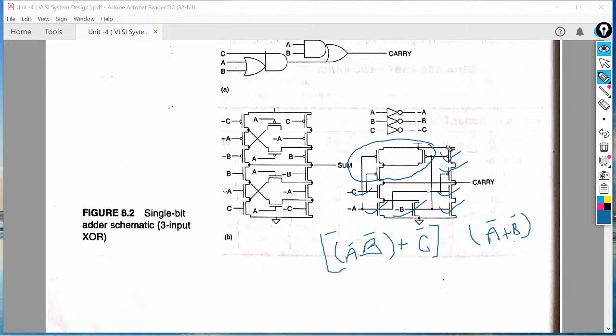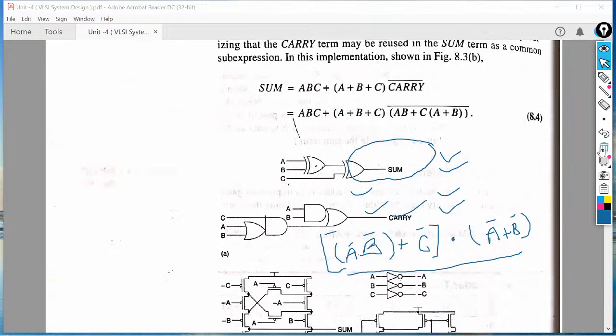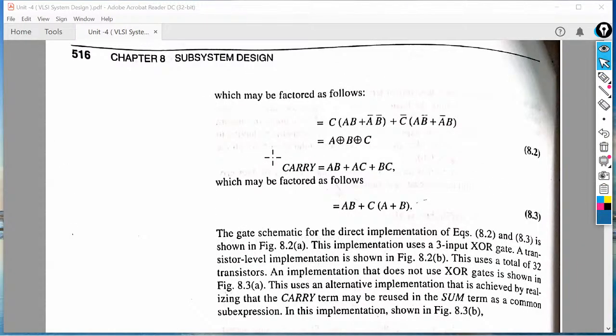Now this circuitry and this circuitry is connected in the parallel form, so the operator that lies between them is the AND operator. So when we solve this circuitry, we will get this expression, carry.